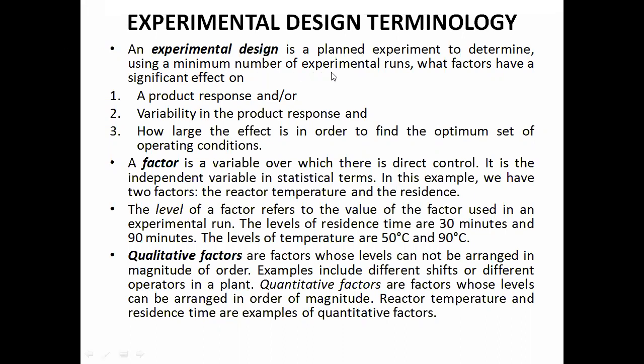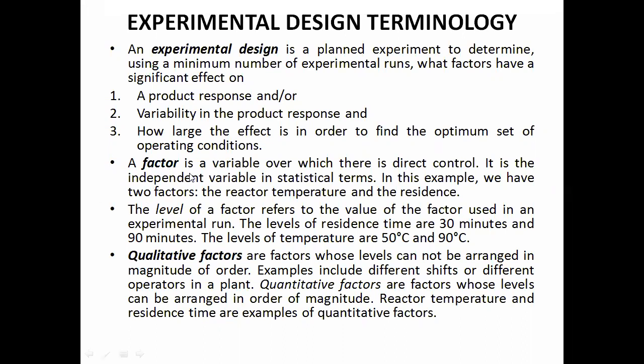Using the minimum number of experimental runs, we find what factors have a significant effect on the product response, the variability in the product response, and how large the effect is, in order to find the optimum set of operating conditions or optimum set of procedure, right? So with experimental design we can minimize the trials to get the good product. That only I want to say here, that is what the terminology is telling.